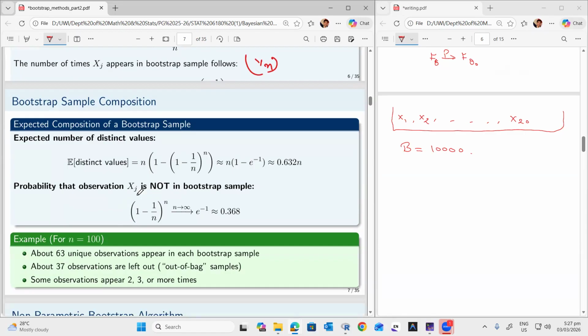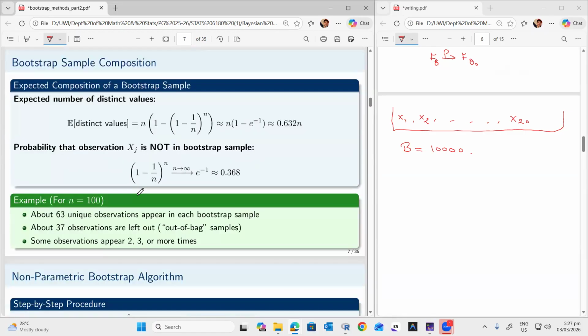All right. After that, the bootstrap sample composition is basically the expected number of distinct values, the expected composition of a bootstrap sample. The expectation is n into 1 minus (1 minus 1 upon n) raised to the power n, which is approximately n into 1 minus e raised to the power minus 1, which is equivalent to 0.632 n.